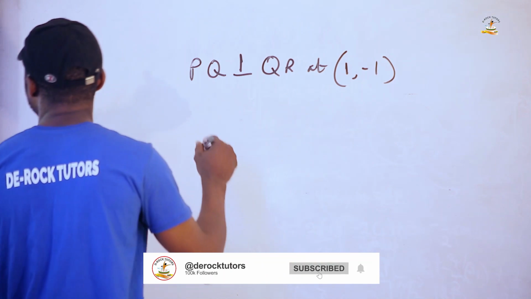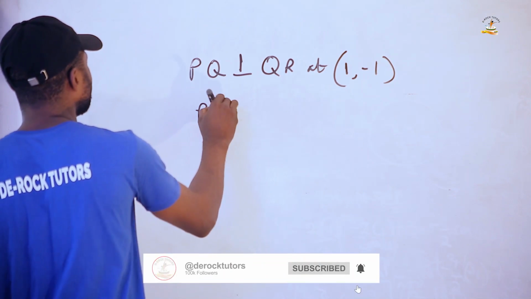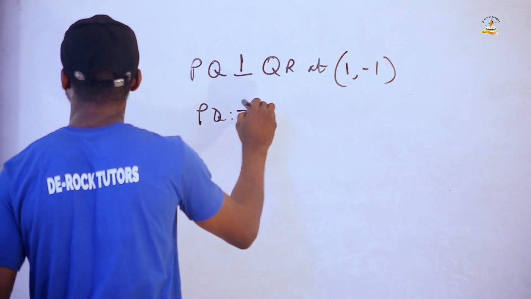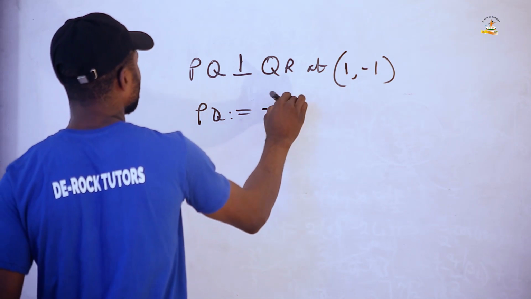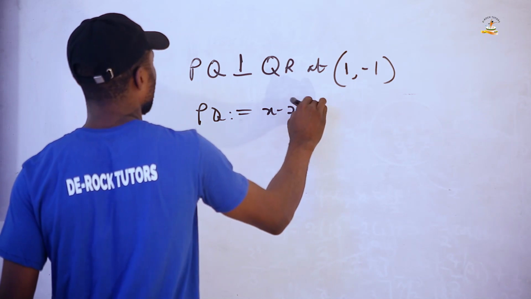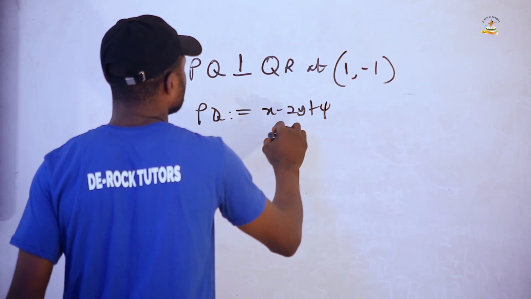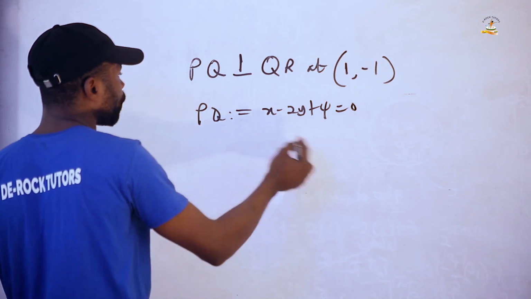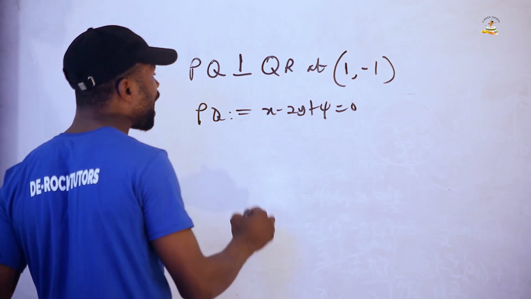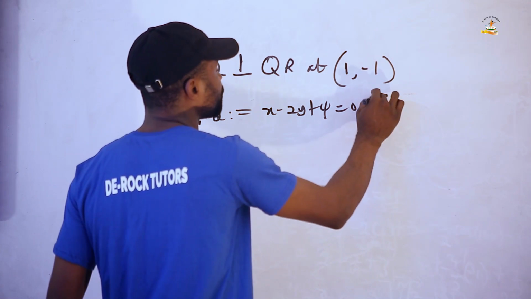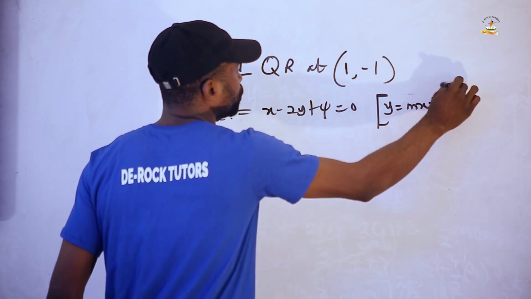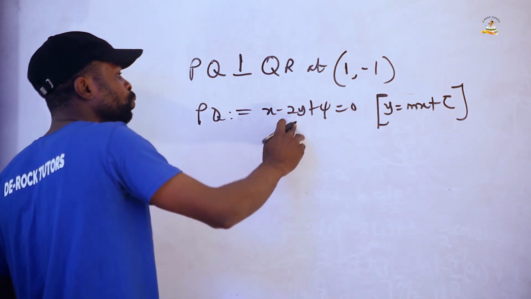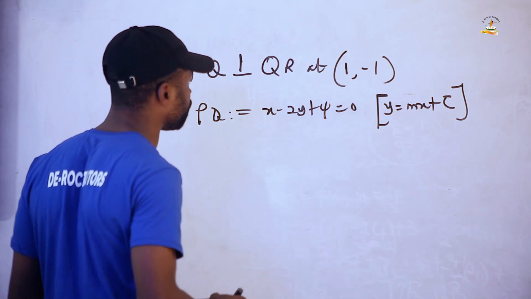So we're given the equation of PQ, which is x minus 2y plus 4 equal to 0. We consider this equation and write it in the standard form. Mark you, the standard form is y equal to mx plus c. So we proceed to write it in this form.